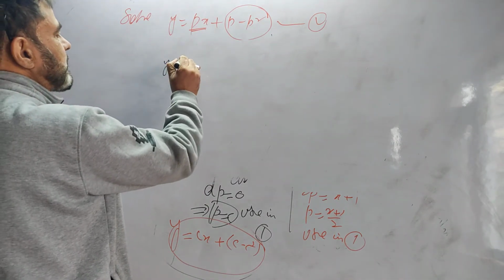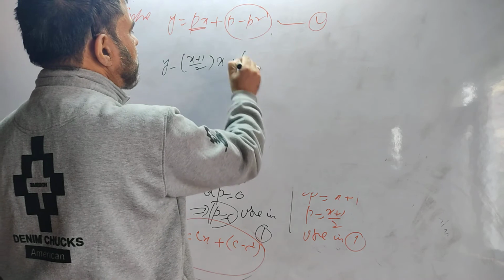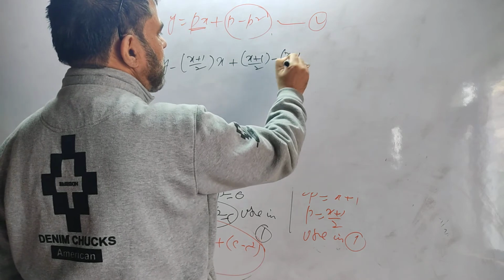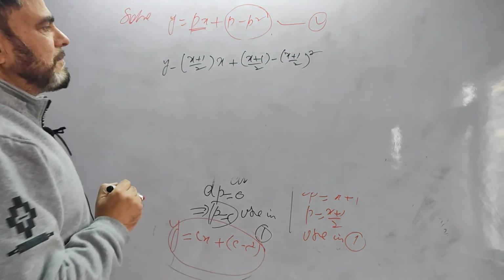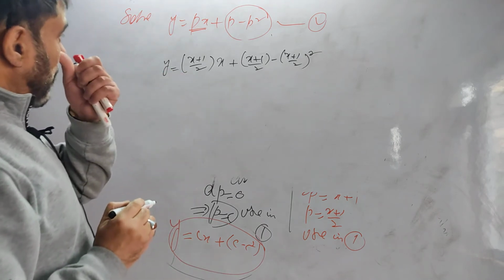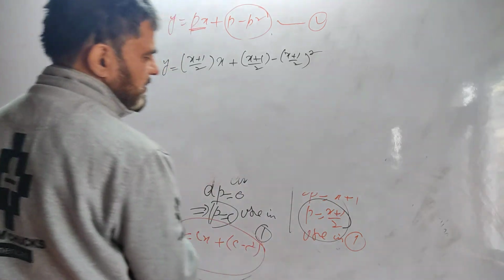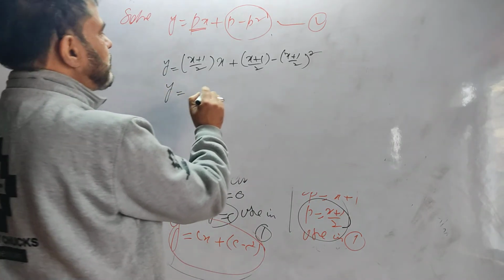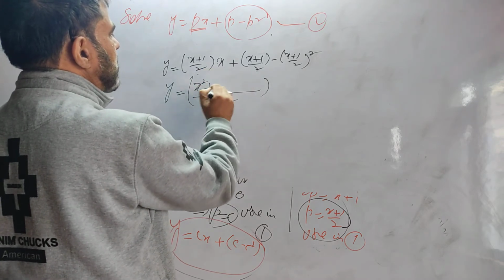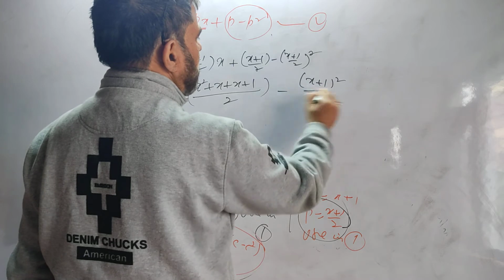This will be y equal to x plus 1 by 2 into x plus 1, minus x plus 1 by 2 whole square. Take 2 common, it is x square plus x plus 1 minus x plus 1 square by 4.